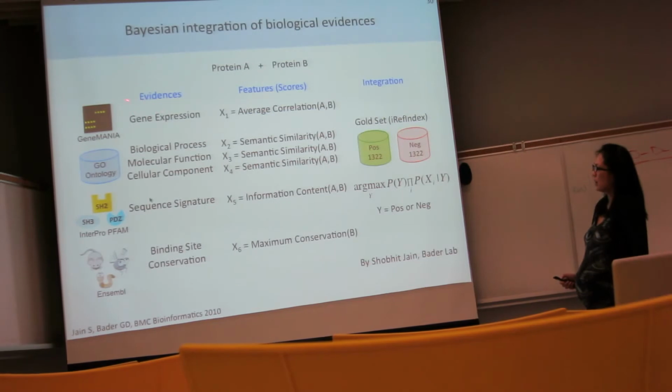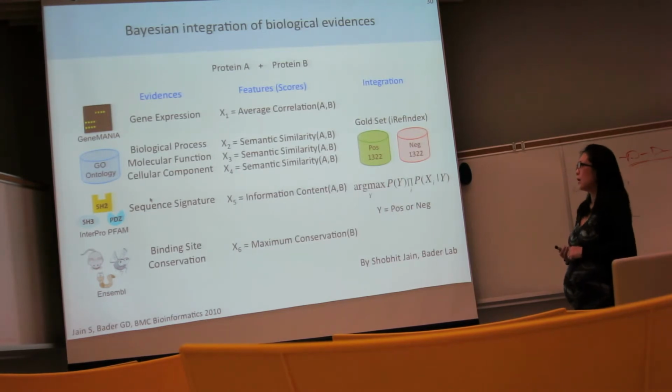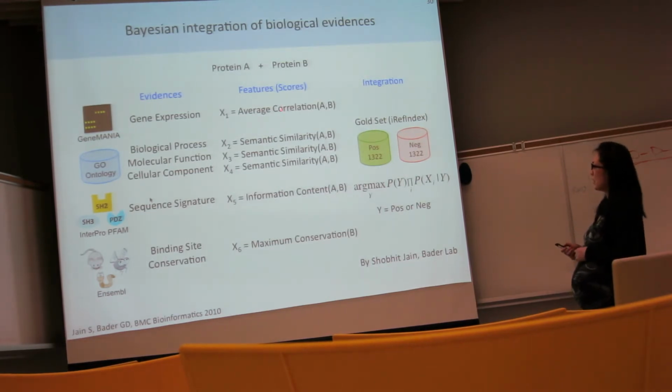It takes information from different biological evidences, and then calculates a probability of whether or not this interaction consisting of protein A and protein B is physiologically relevant or not. And there's different features that we use.